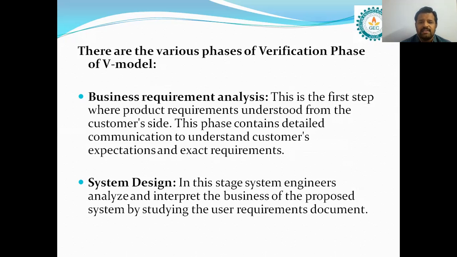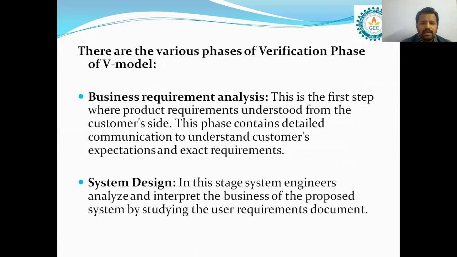In this stage, the system engineers analyze and interpret the business of the proposed system by studying the user requirements document. In the second phase, called system design, we design the system. Who will design the system? The system engineers will.